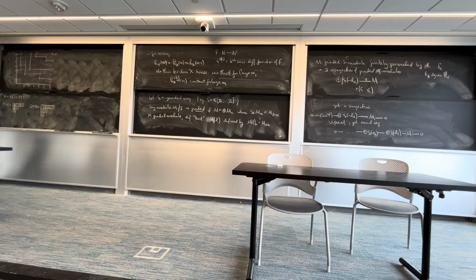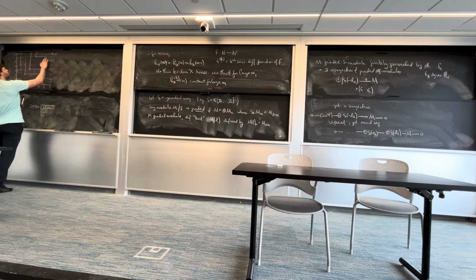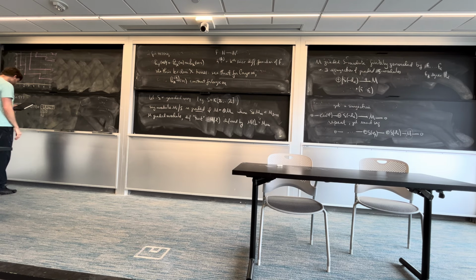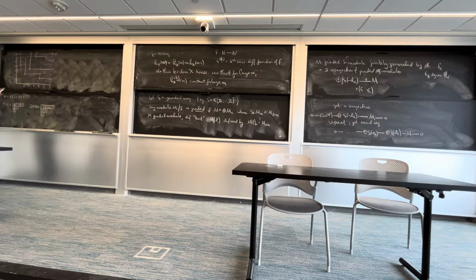Wait, is the dot at 6 supposed to be at height 1? Oh, did I mess up? Is the dot at 6? Oh yes, sorry, I don't know how I did that. Should I just redraw the whole thing? What did I do? I think 5 and 6 are just switched.